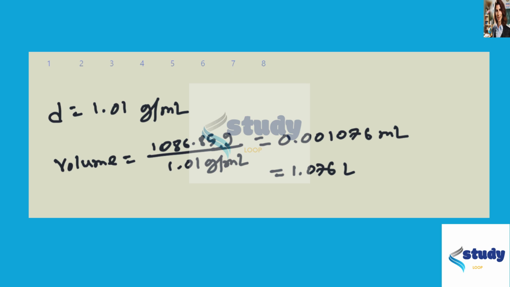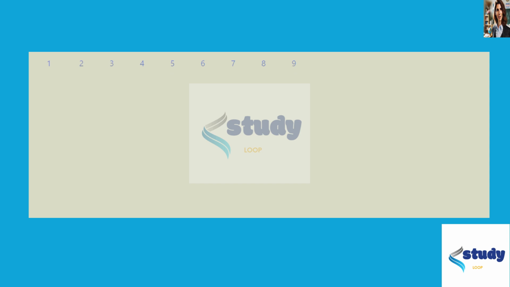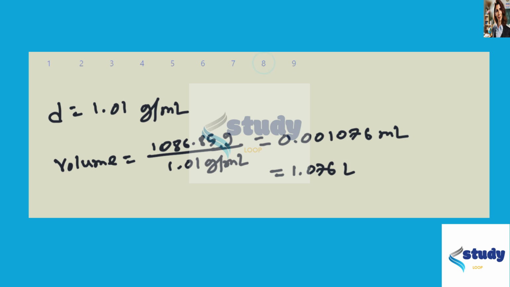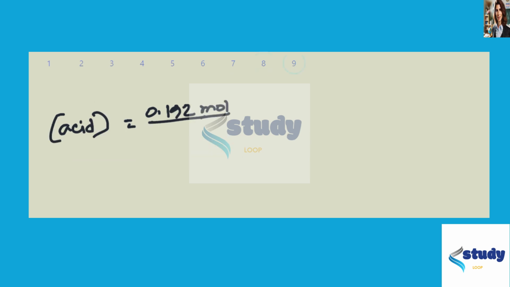Now we can calculate the concentration of the solution. The concentration of the benzoic acid will be simply the number of moles of acid, which we calculated as 0.192 mole, over the total volume we just calculated, 1.076.